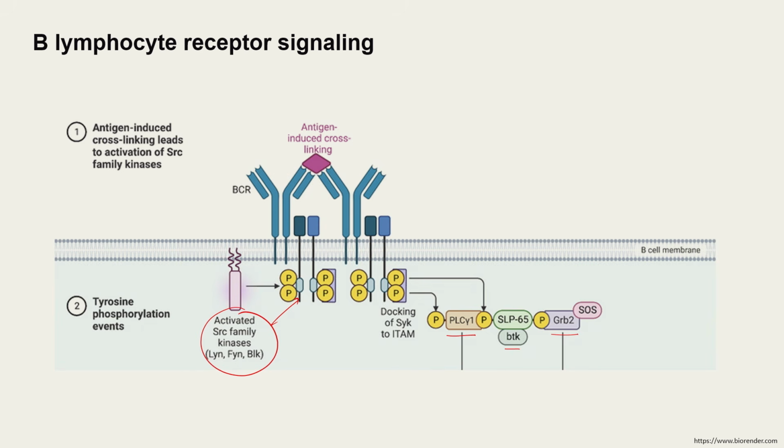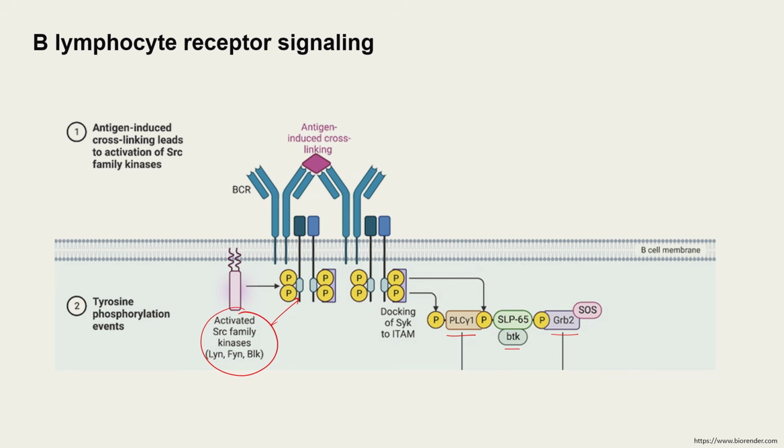There is a phosphorylation of phospholipase C, then a phosphorylation of SLP65, which can dock another kinase called BTK, which again phosphorylates another protein called GRB2. We'll see it in a moment, but what I'm trying to emphasize is that one receptor phosphorylation event can lead to multiple other phosphorylations that can lead to activation of the cell protein.